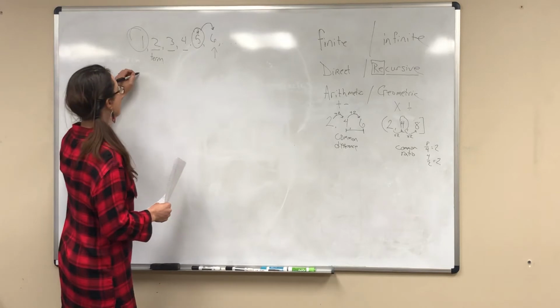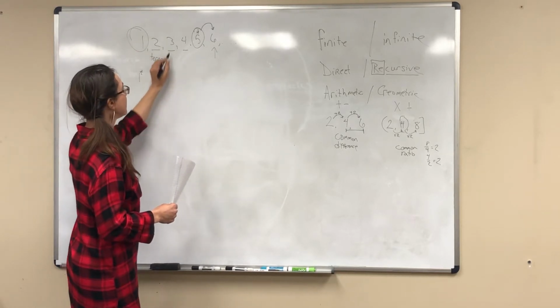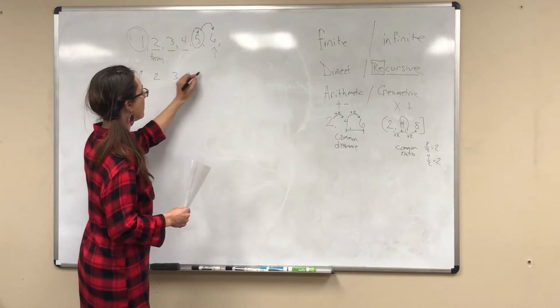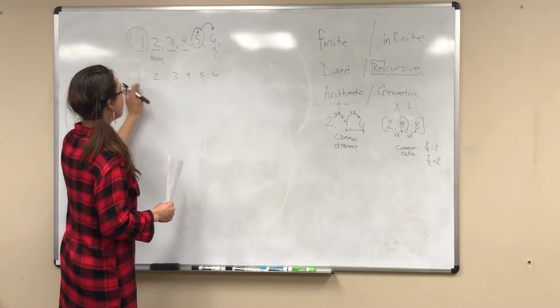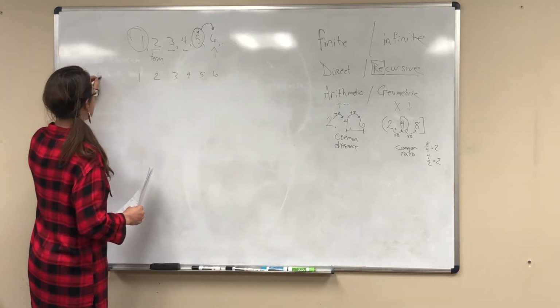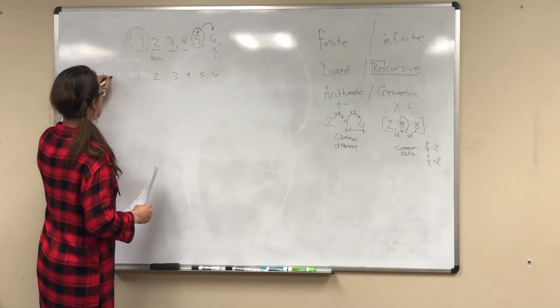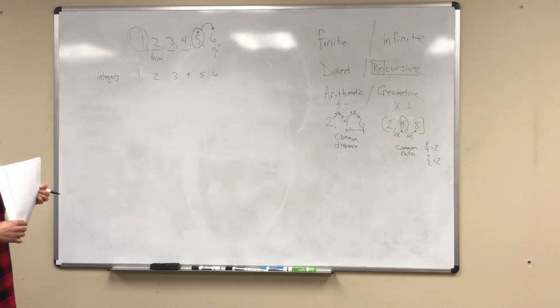This is our first term. This one is second, third, fourth, fifth, sixth, okay? So they are set up as integers. This is going to be important to know. They're always going to be positive integers, which means that they are counting numbers, okay?